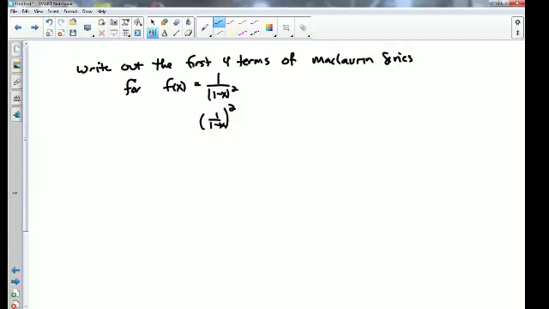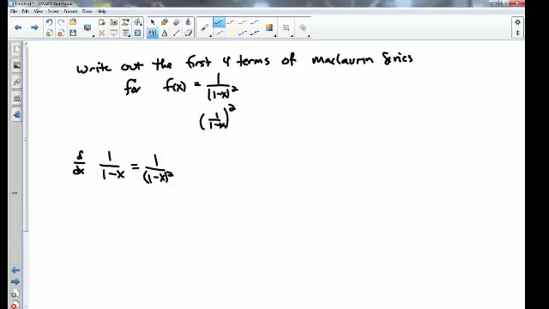Is there a relationship between this series that you know and that series you're trying to generate? What's the derivative of this? Is it that? Correct. If you differentiate this with the power rule or chain rule, you're going to end up with that.